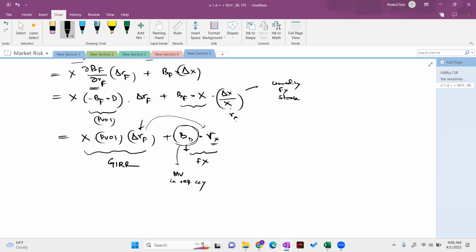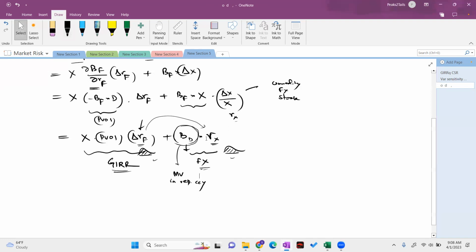And the risk factor that you're modeling is the return on the FX rate. Return will have some distribution. Delta RF has some distribution. We are not modeling correlation between this and this. As per Basel, it is separate. So treat this as a separate risk class. This is a separate risk class. The capital charges will get added up.